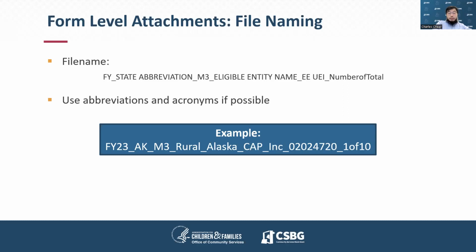And then the name of the eligible entity, and in this case, it would be Rural Alaska Cap Incorporated. The number following that in this naming convention is actually the UEI. So please be sure to add that.